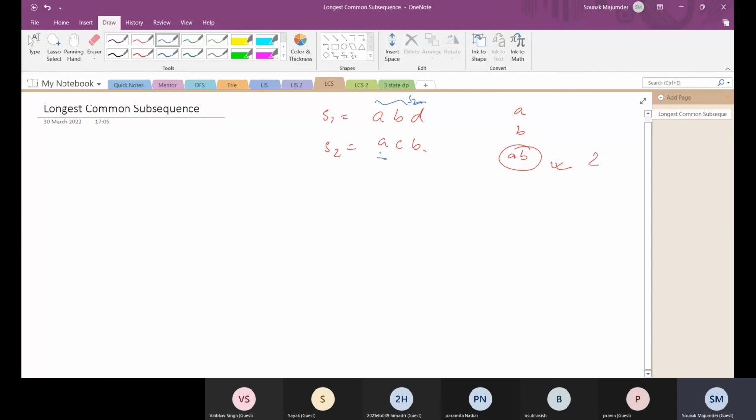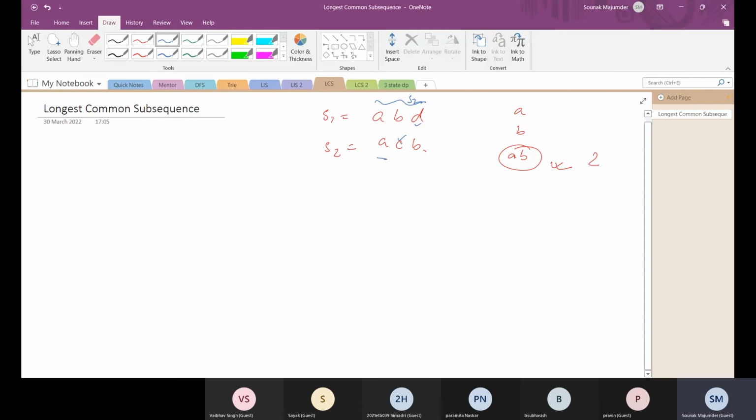So let's say we are matching this C and D. And from the definition of DP, we will assume that all the previous states are calculated. So C and D, this doesn't match, right? So these two cannot be a part of the LCS because they are definitely not matching.